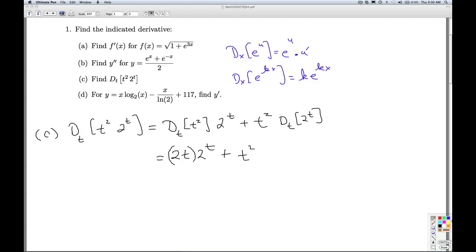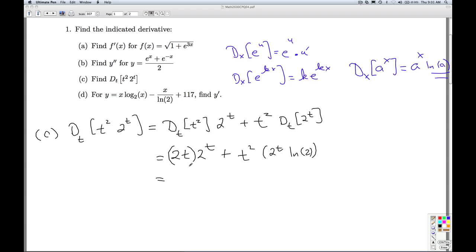As we showed in class, we can convert this back to an exponential, and doing that, we get the formula: the derivative of a to the x is a to the x natural log a. So it's roughly the same exponential we started with, we just need to multiply by the natural log of the base. In this case, I'm going to have 2 to the t times the natural log of 2.